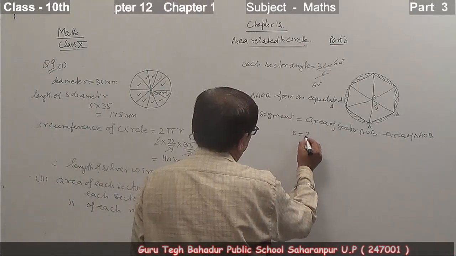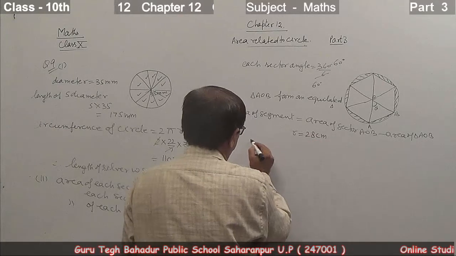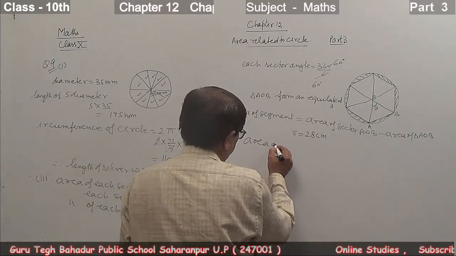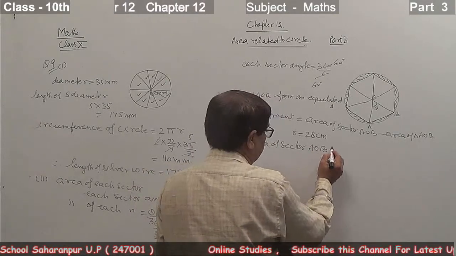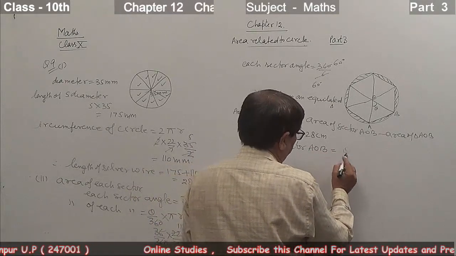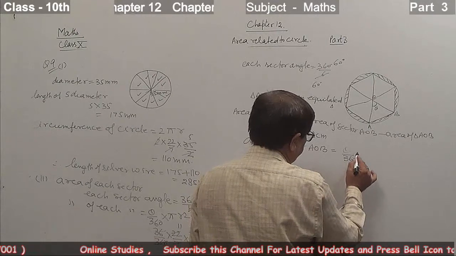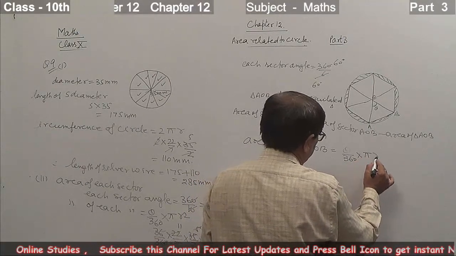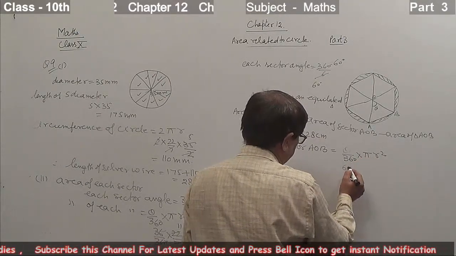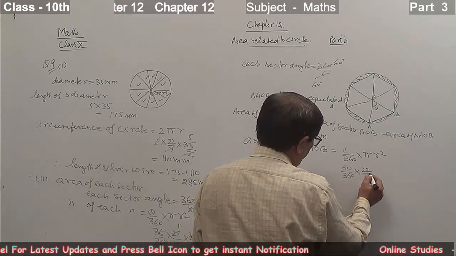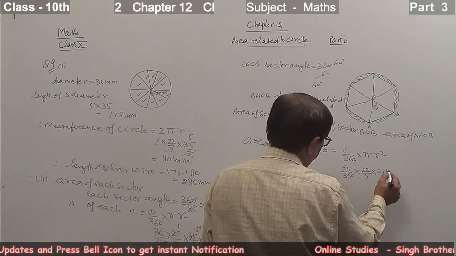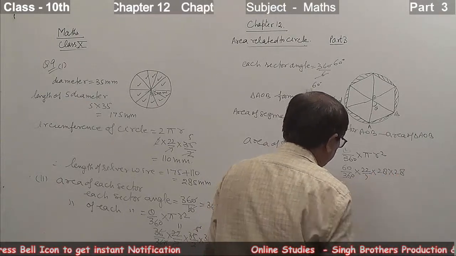So the area of sector AOB is theta upon 360 into pi r square, 60 upon 360 into 22 upon 7 into 28 into 28.